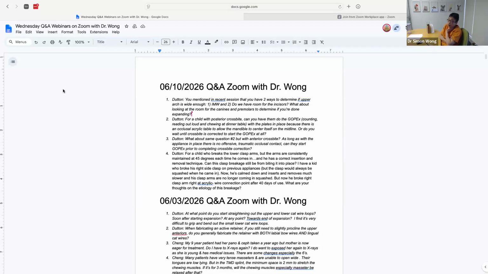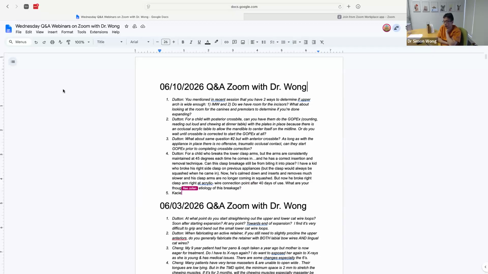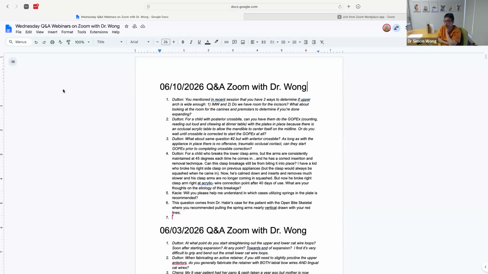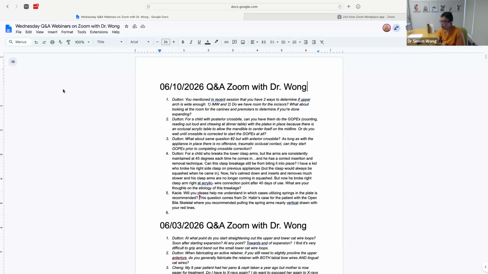So how do we know? How do we figure it out? We have to be mindful and observe the appliance, inspect the appliance before we insert it. And then if we note wire nicks and over polishing issues, then obviously we can record that and bring that up to the lab as a potential point of failure in the future.